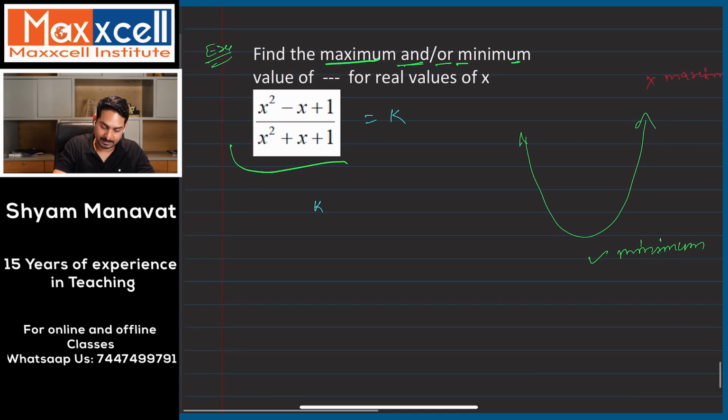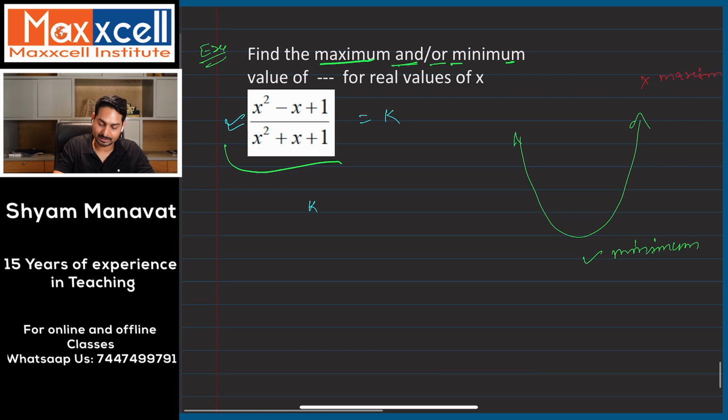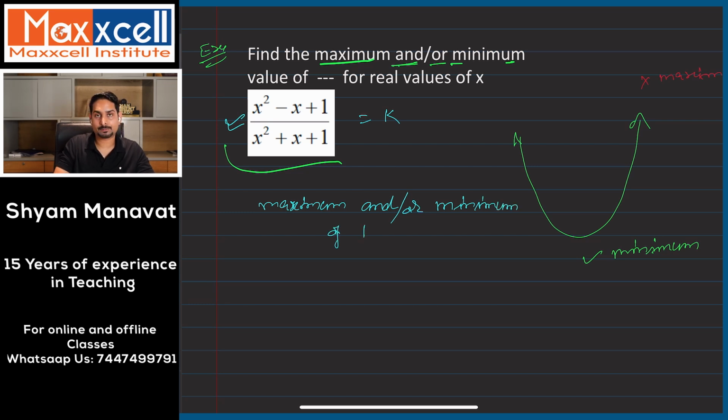We need to find इस एक्सप्रेशन का मिनिमम और मैक्सिमम, and if I substitute this equal to k, if I assume this is equal to k, so I can also say that I want to find maximum and or minimum of k, ऐसा ही बोल सकते हैं. अब आपका ध्यान होना चाहिए k पे. Let's simplify this for k. Now let me cross multiply here.